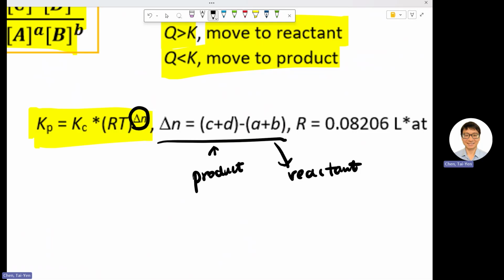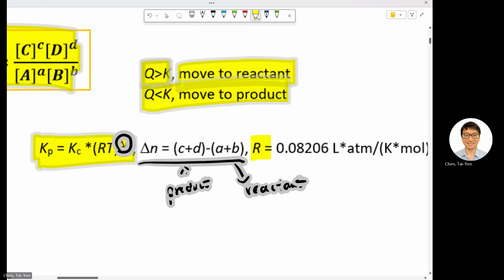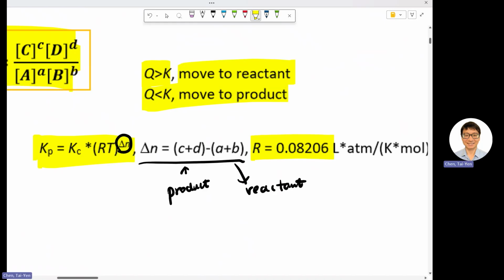And one thing you want to be careful about is that the R here, again, goes back to 0.082. Many students ask me, how do I know when I should use 8.314 and when I should use 0.082? The answer is very simple.